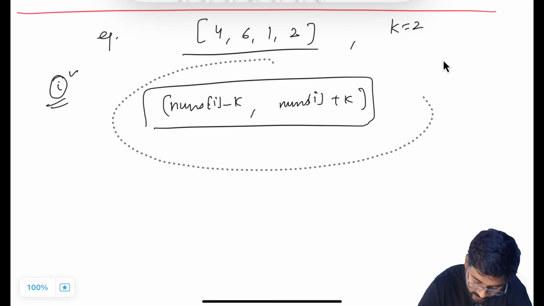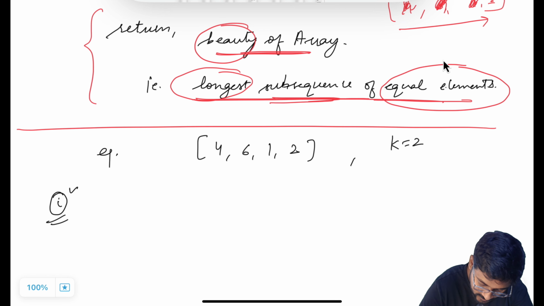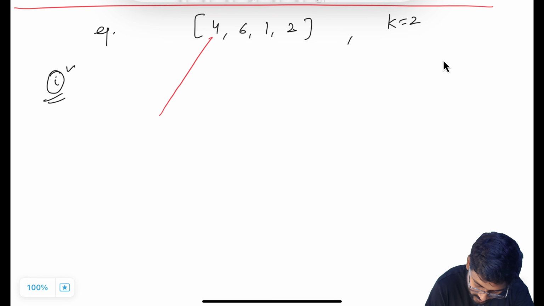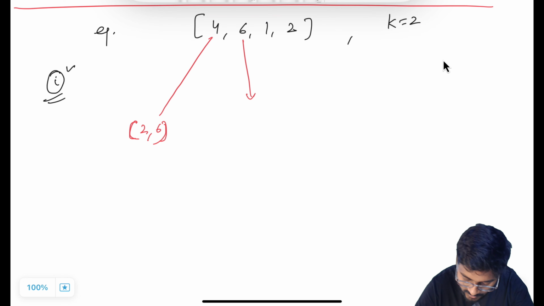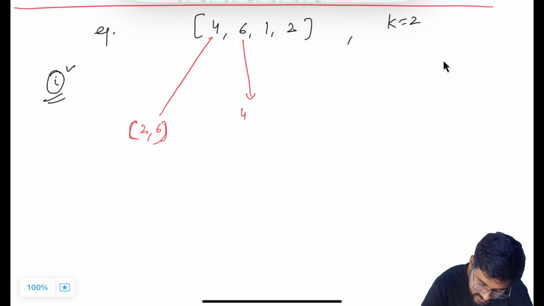So what will be the range for all of these elements? Here 4 can be converted to the range 4 minus 2 to 4 plus 2, that is 2 to 6, both inclusive. And 6 can be replaced with any element from the range 4 to 8.